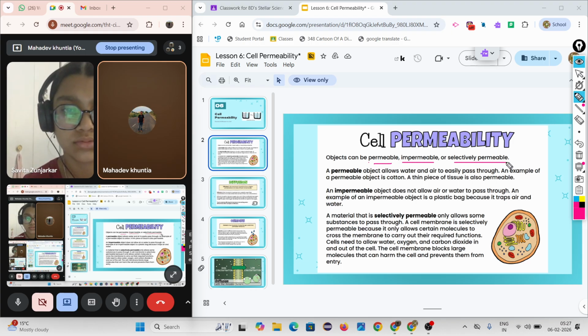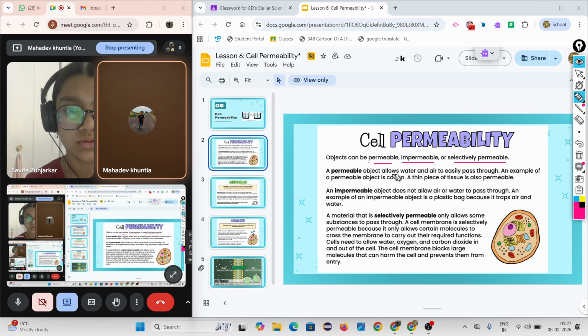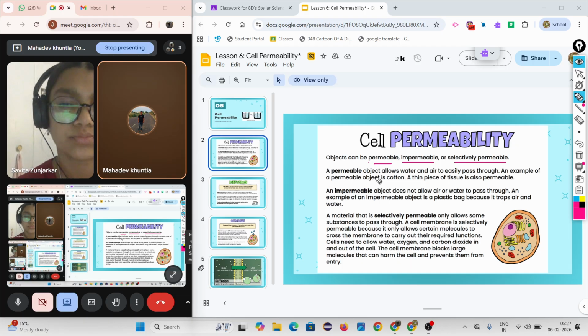A permeable object allows water and air to easily pass through.